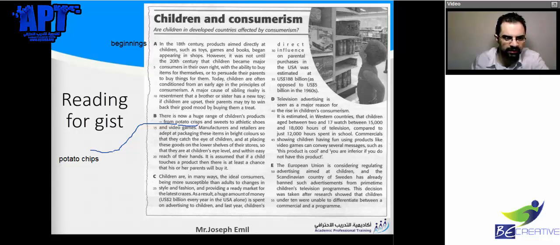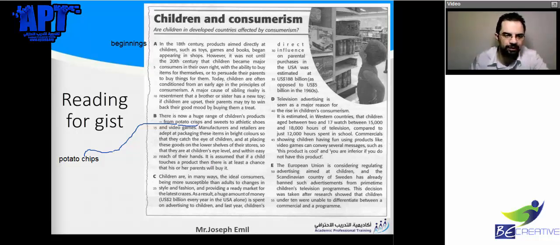Let's take a look again at the paragraph. There is a huge range of children's products, from potato crisps and sweets to athletic shoes and video games. Manufacturers and retailers are adept at packaging these items in bright colors so that they catch the eye of the children, and are placing these goods at the lower shelves of their stores.